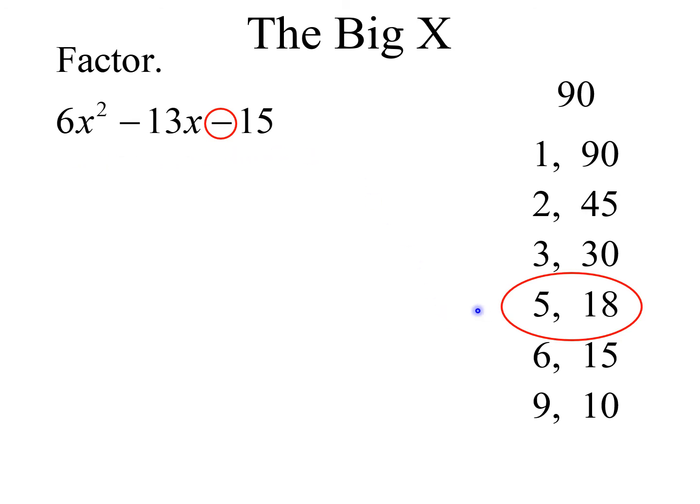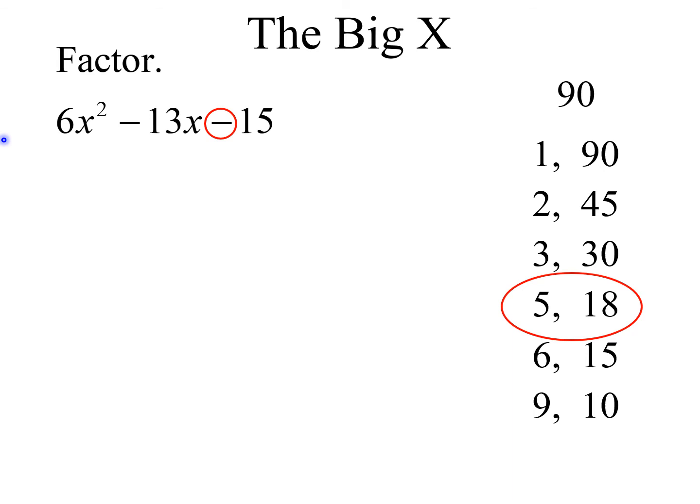The other thing I want to say is if this sign was a plus, a positive sign right there next to the 15, then instead of finding a factor pair that subtracts to give you 13, you'd find a factor pair that would add to give you 13, and I don't see any. So if there was a plus there, this would not be factorable over the rational numbers.